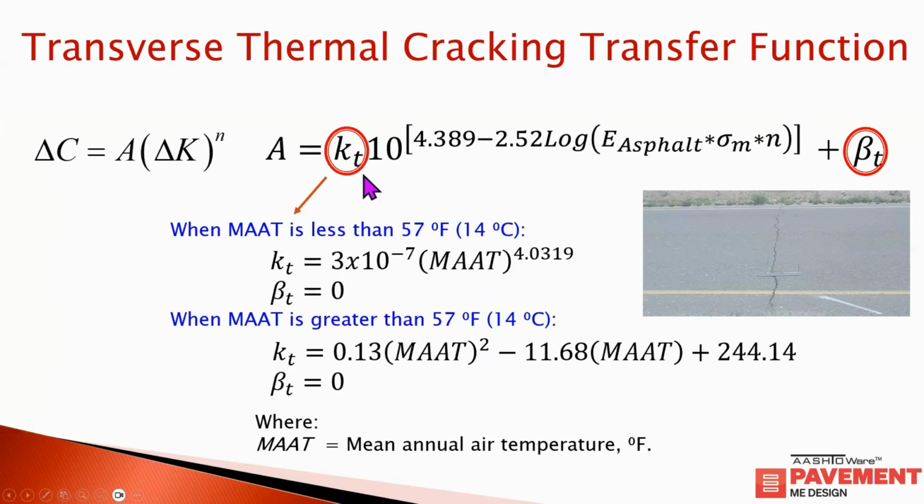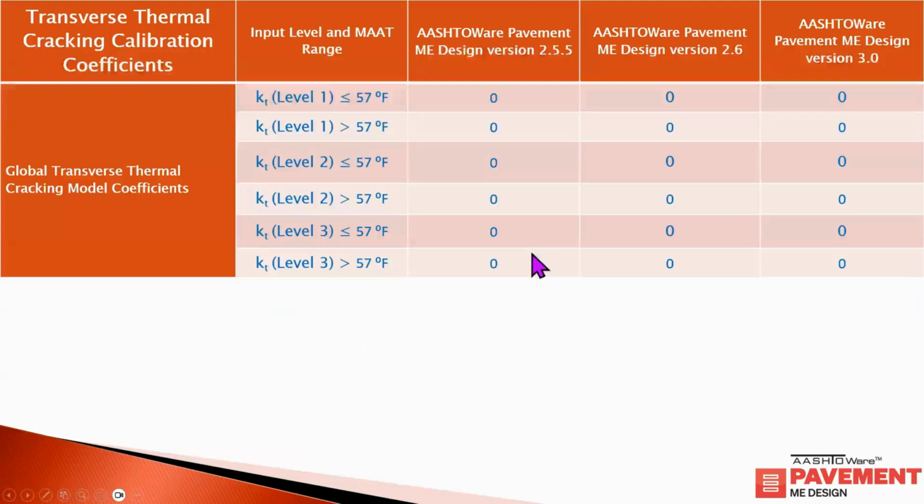It goes into the KT coefficient. The beta coefficient out here is what can be adjusted by the user, and right now it's just set at 0. So any adjustment will basically add something to or subtract something from the transfer function equations.